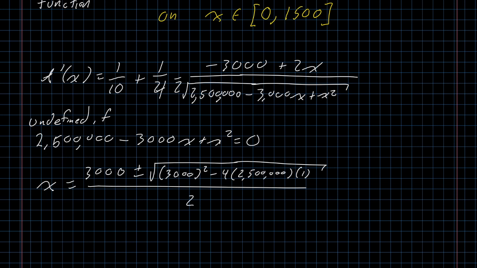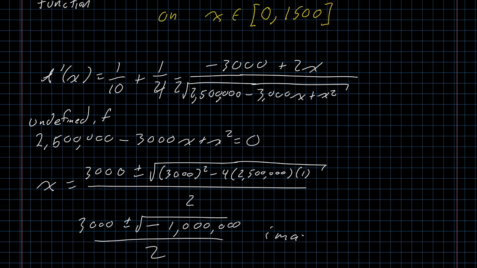All right, my calculator tells me that 3,000 squared is 9 million. Subtract 4 times 2,500,000, which is 10 million. So we have 3,000 plus or minus the square root of negative 1 million. And negative 1 million underneath the square root gives us imaginary roots.